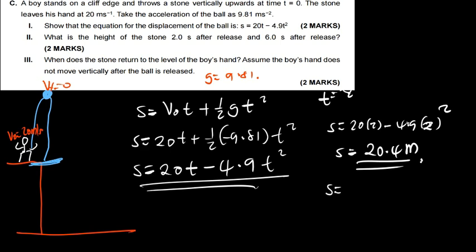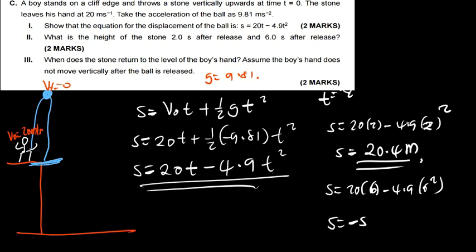Now when t was equal to 6, minus 4.9 times 6 squared. Let's see. 6 times 20 is 120. So 120 minus open brackets 4.9 times 6 squared, I close the bracket. I'm getting negative.